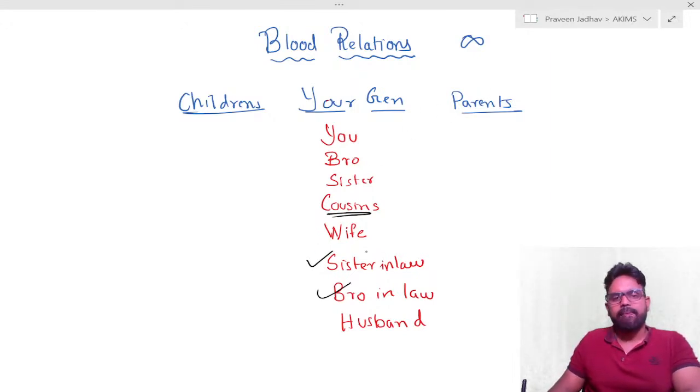Next, parent generation, who all will come quickly? Father will come, mother will come. Who else? If you get married tomorrow, who all will come?